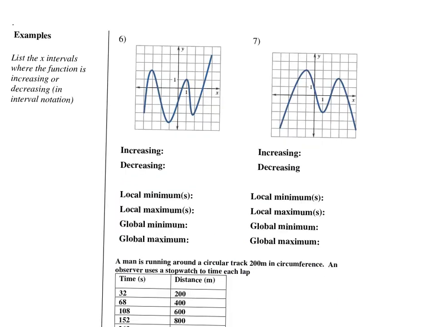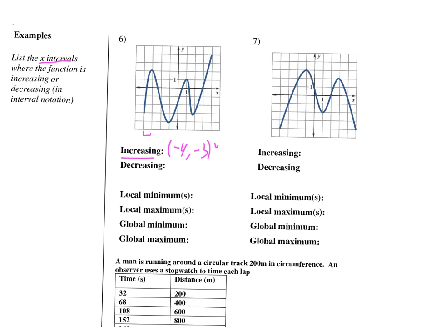All right, next up we're going to look at increasing versus decreasing and then local maxes and mins. So the key on these is that whenever it's asking you where it's increasing or decreasing, it's the x intervals. And so I'm going to say it's increasing from here to here. And so what is that? 1, 2, 3, 4, negative 4 to negative 3.